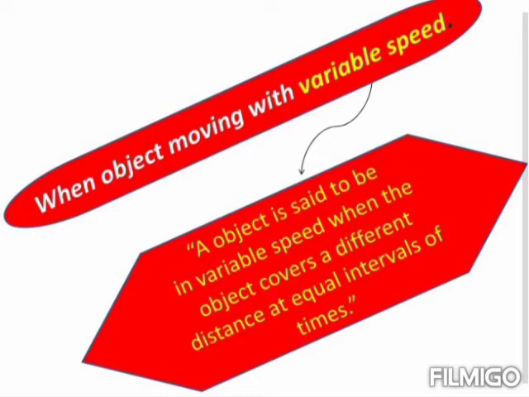It means there is an equal interval of time but a different change in distance. For example, in 5 seconds the object covers a distance of 5 meters. In the next 5 seconds the object covers a distance of 10 meters. So there are different distances at equal intervals of time.